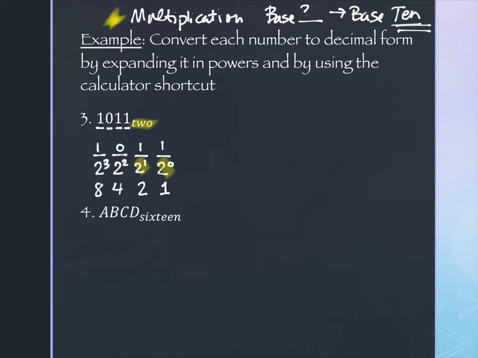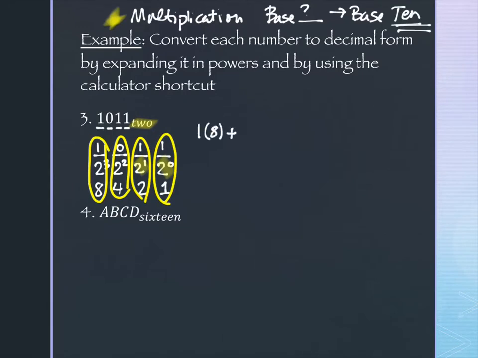Okay, so what we're going to do is we're going to multiply each value by its place that it's in. So my value of 1 is in the 8's place. My value of 0 is in the 4's place. My value of 1 is in the 2's place. And my last value of 1 is in the 1's place. This is what we did with Babylonians and Mayans.